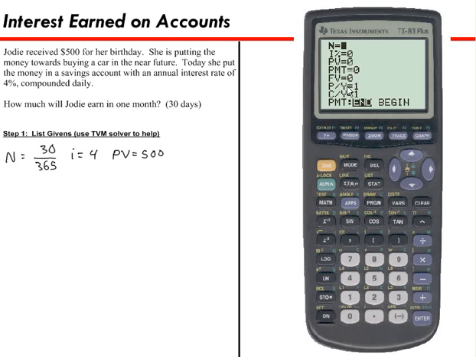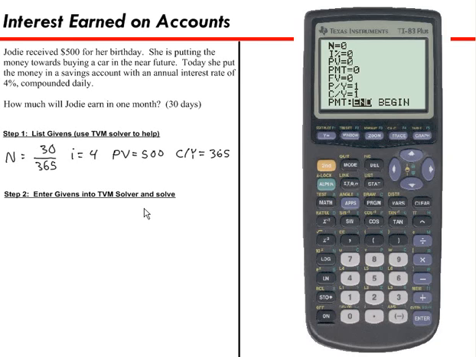Payments per year, we can leave that as a 1. We're just putting the money into the account one time. Compounding periods per year. Well, it's compounding daily. And daily means 365 times per year. Now we've got everything we need to go ahead and solve this problem.